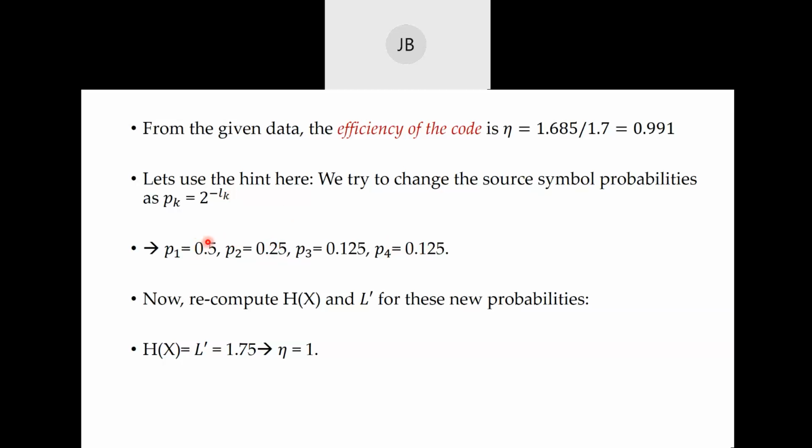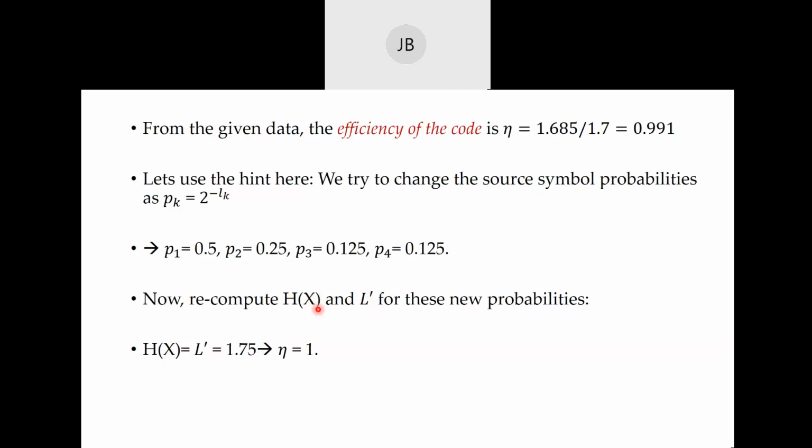When we have the new probabilities, we find the new values of the entropy and the new average code word length using the same equations. We have seen earlier how to find L prime and H of X. H of X is equal to minus the sum of pk log pk, and L prime is equal to the length of the code word multiplied by the probability.